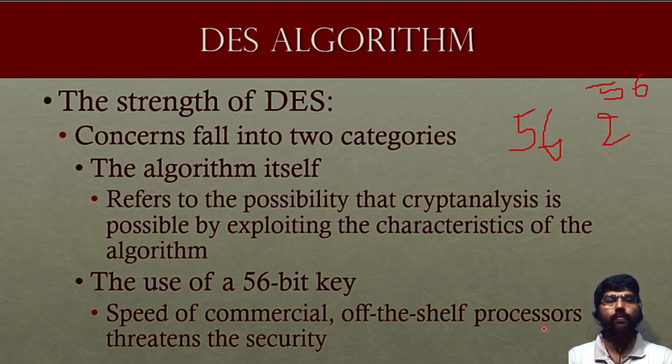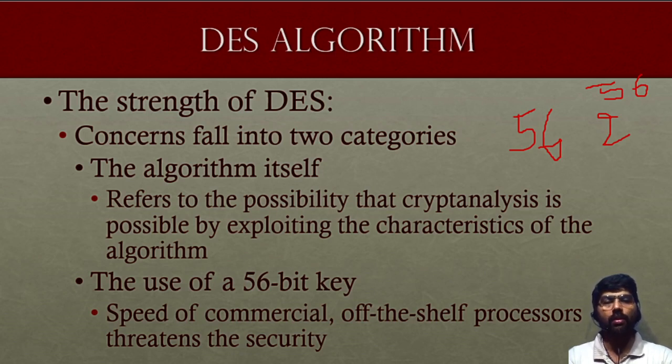But DES was finally proved insecure in July 1998, when the Electronic Frontier Foundation, that is EFF, announced that it had broken DES encryption using a special-purpose machine called a DES cracker.